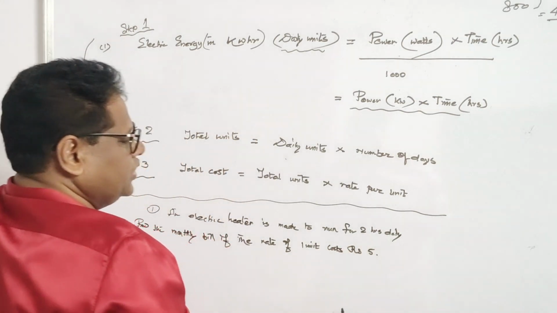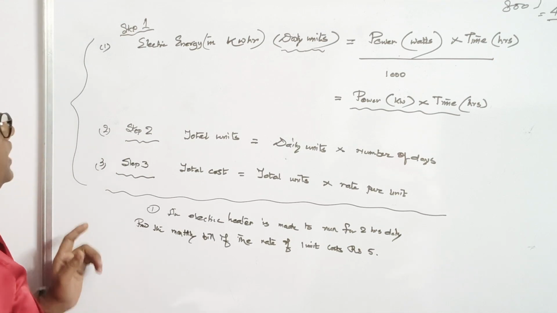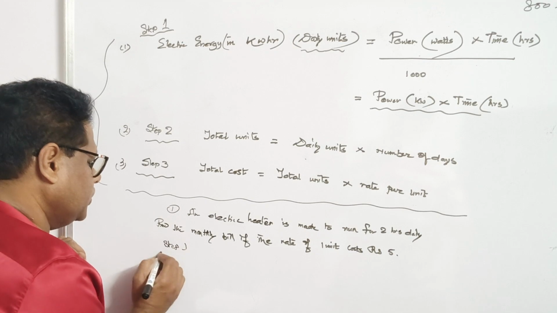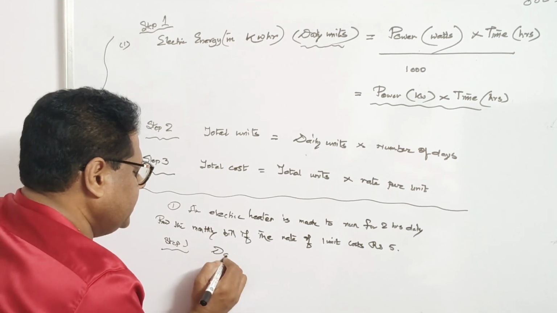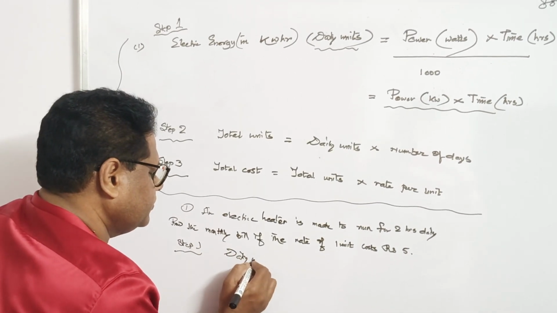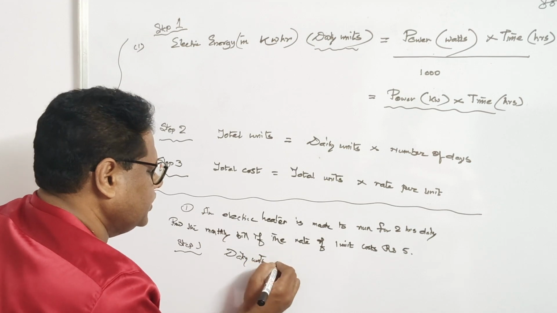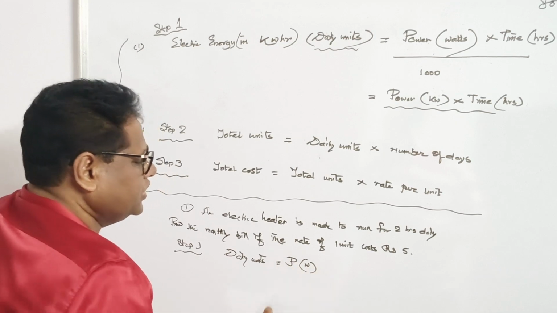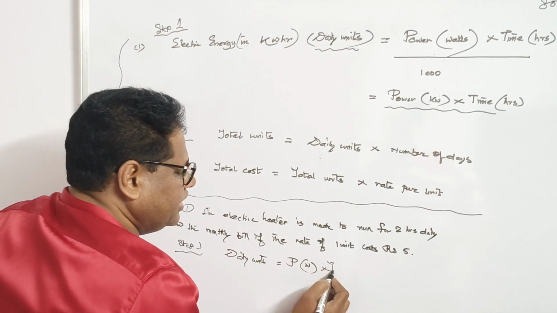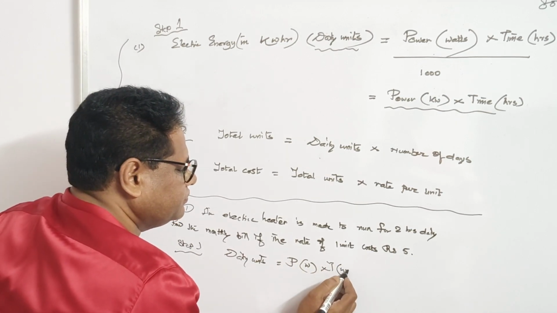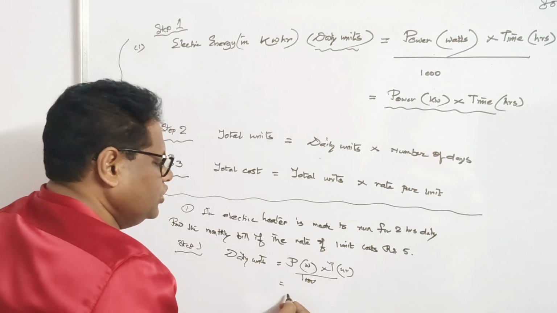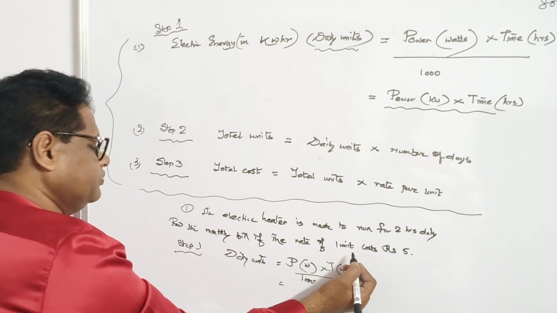Okay. So first of all, as per step 1, you are finding the daily units. This is equal to power in watts multiplied by time in hours, divided by 1000. The power in watts is given to you.